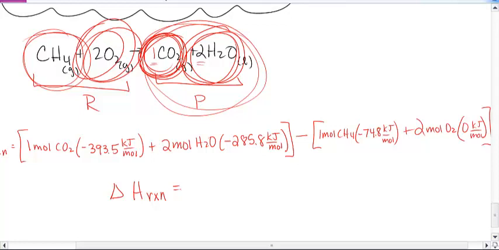That's the hardest part, is just making sure you enter it right. You don't lose a negative sign, something like that.